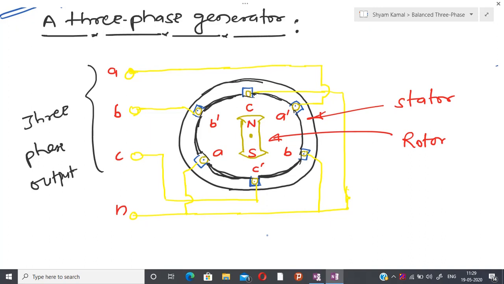If you see the cross sectional view, it basically consists of a rotating magnet, and that rotating magnet I have shown in the middle part of this figure. So basically we are talking about this particular magnet.